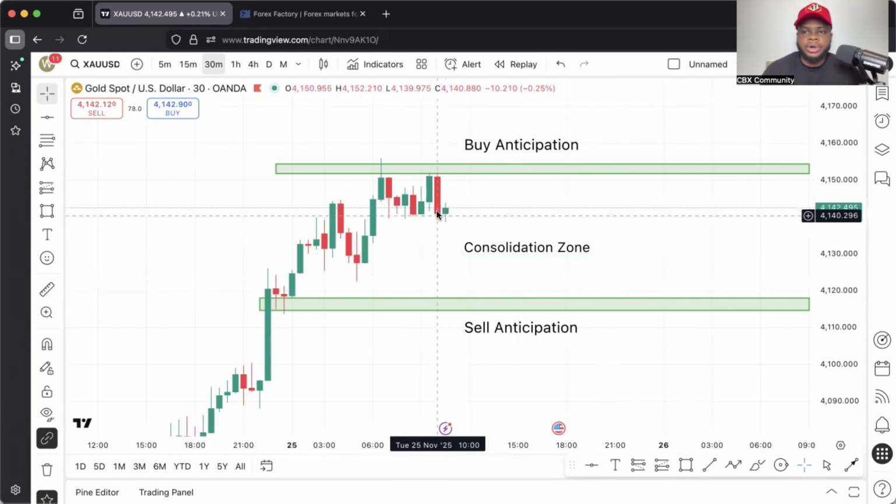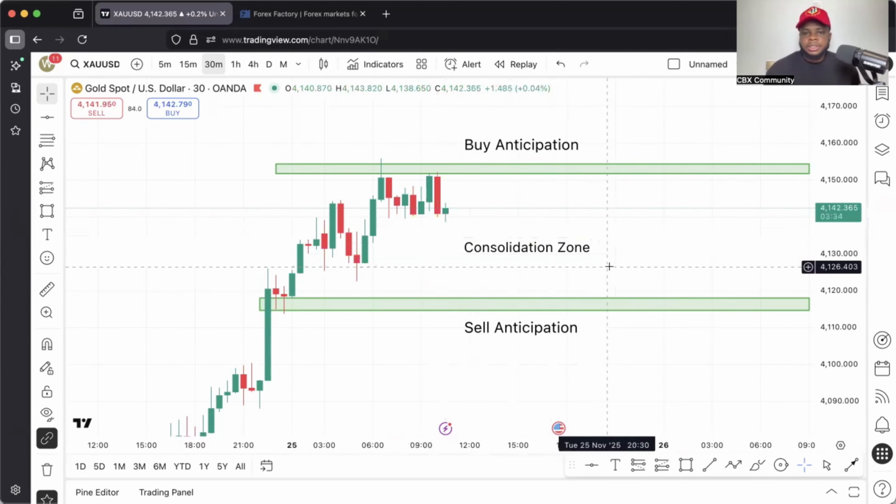This candle broke the low of this bearish candle over here. So let's just be patient for the candle to close before we can decide to take a position.